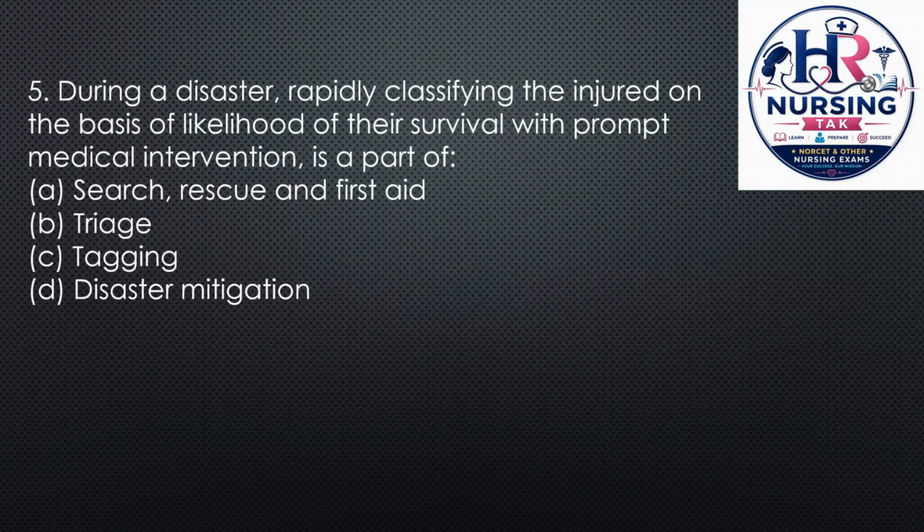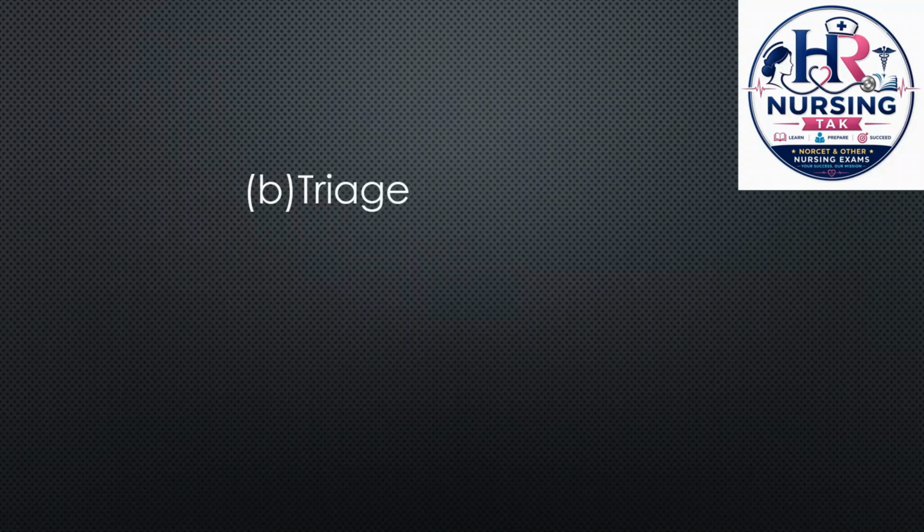Question 5. During a disaster, rapidly classifying the injured on the basis of likelihood of their survival with prompt medical intervention is a part of A. Search, rescue and first aid. B. Triage. C. Tagging. D. Disaster mitigation. Answer is B. Triage.